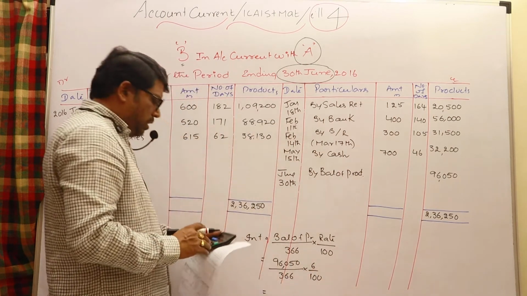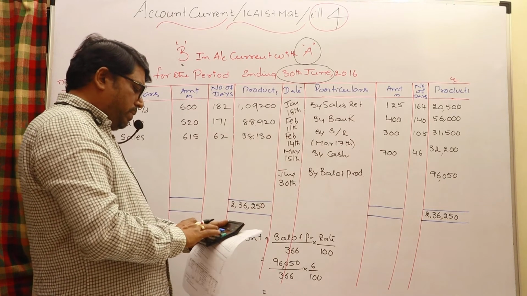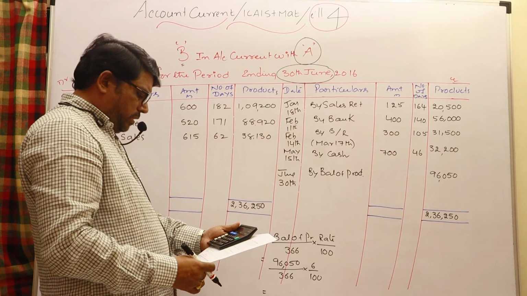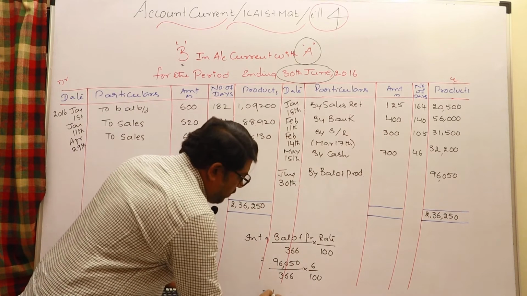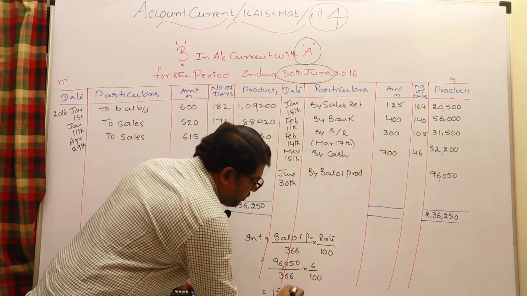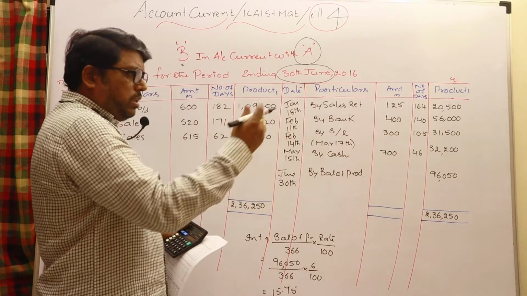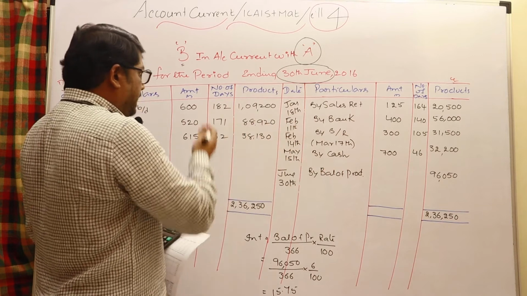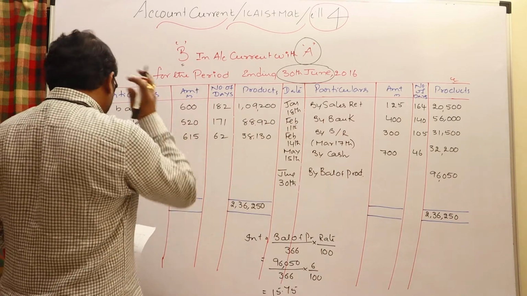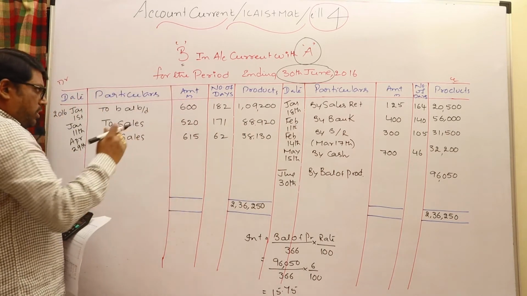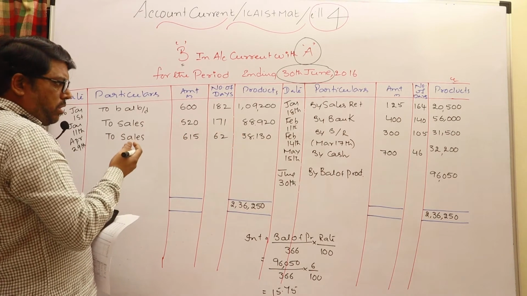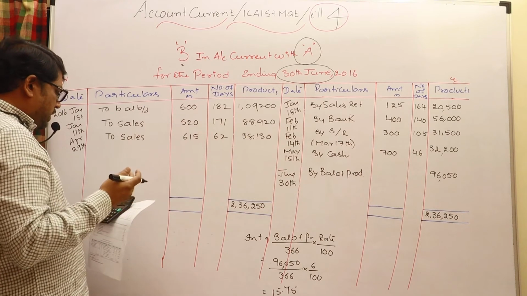The resulting amount is 15.74 or 15.75, you may take it. Wherever the balance of products is, on the opposite side in the amount column you have to write the interest.